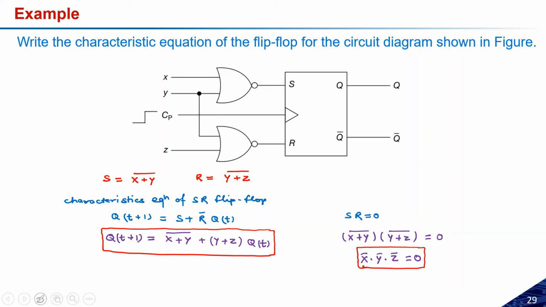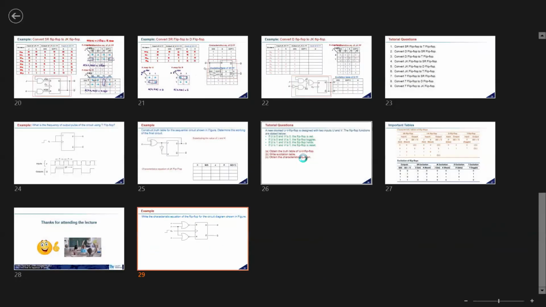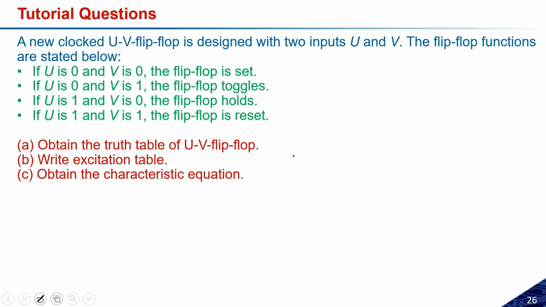Okay, if there is no doubt, here I have one tutorial question that you have to solve based on today's learning, whatever we have learned. A new clocked UV flip-flop, UV is just a random name, is designed with two inputs U and V. The flip-flop functions are stated below.